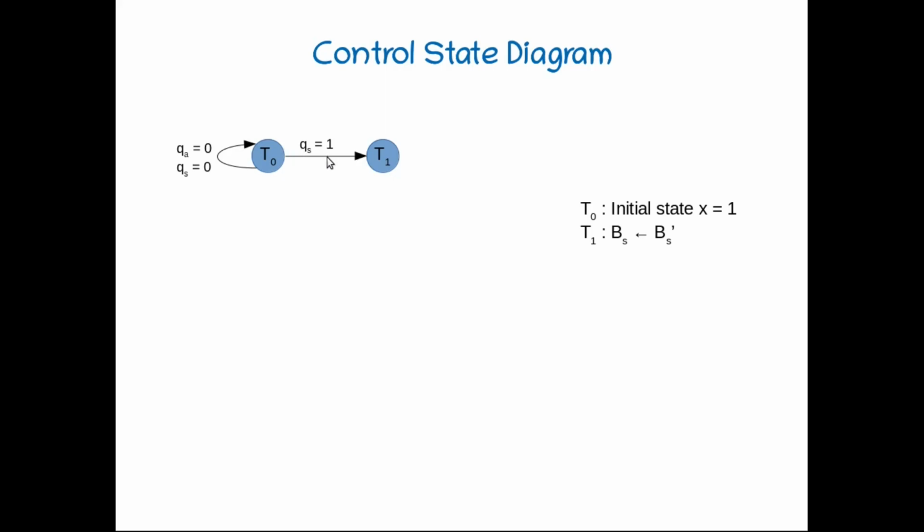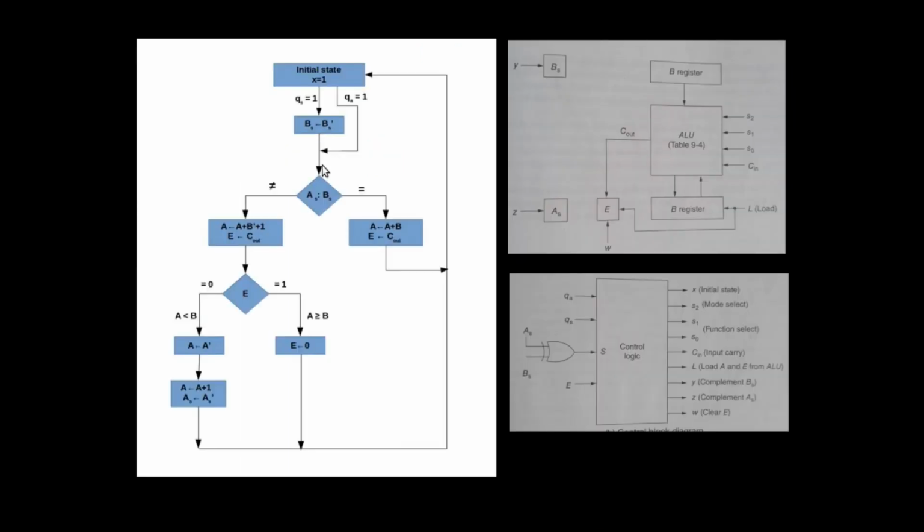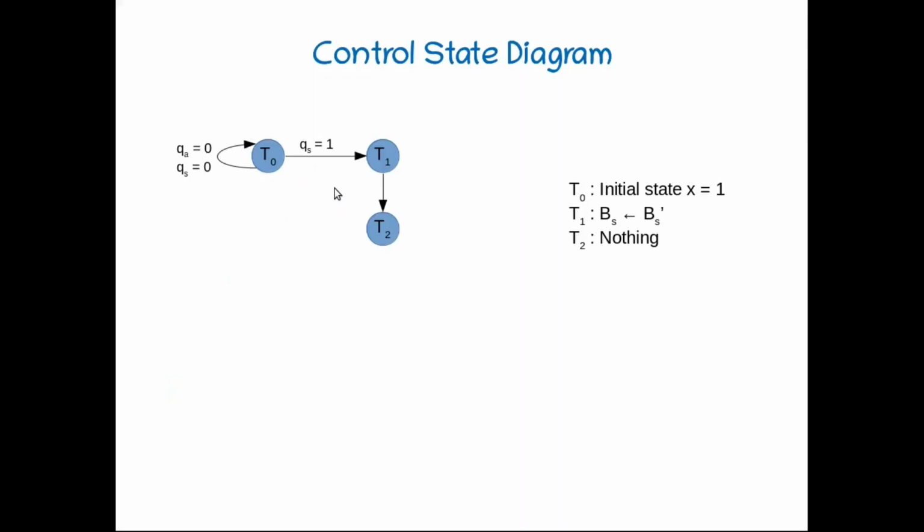So if QS is equal to 1, a subtract operation, then we go into T1 state. In T1 state we have to do BS is equal to BS complement. That is the operation to be performed in T1 state. During the next clock pulse, this will go into T2 state.